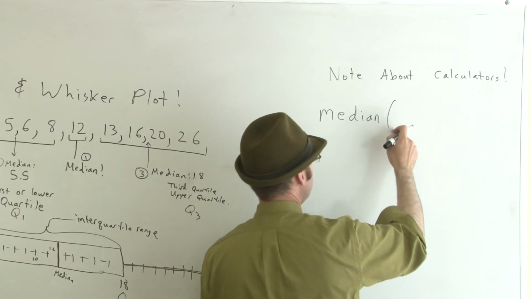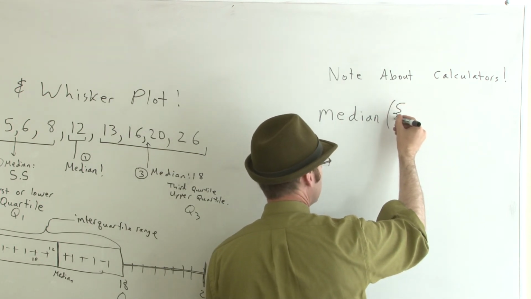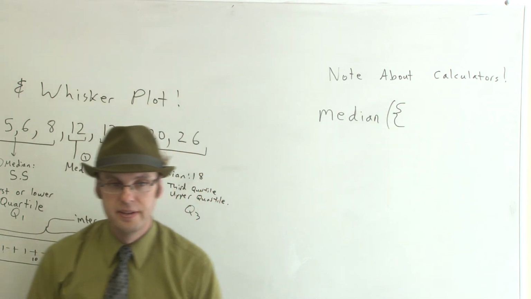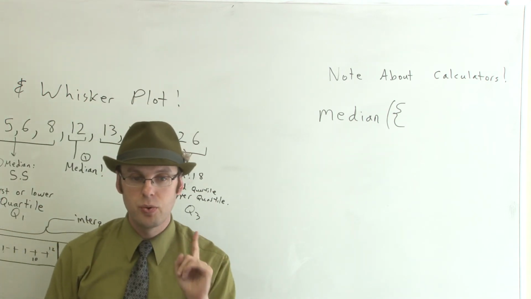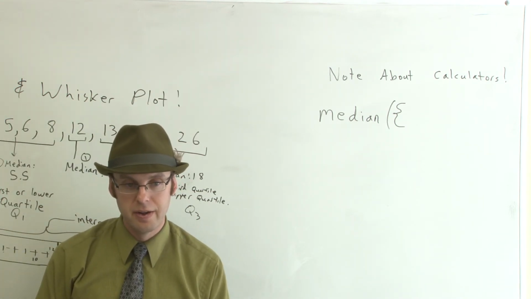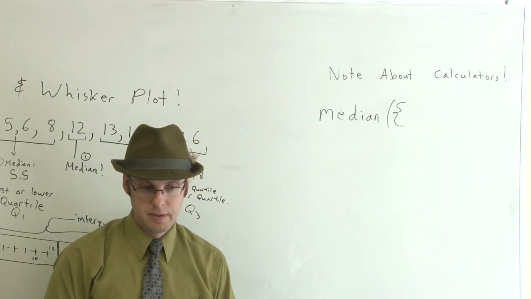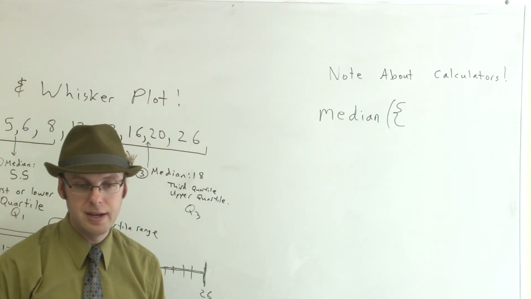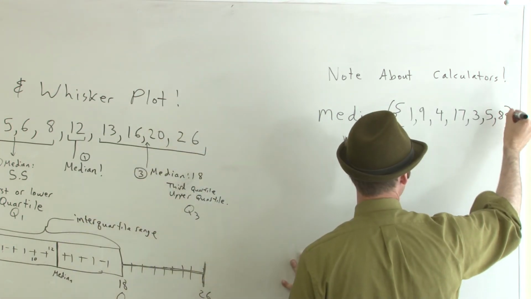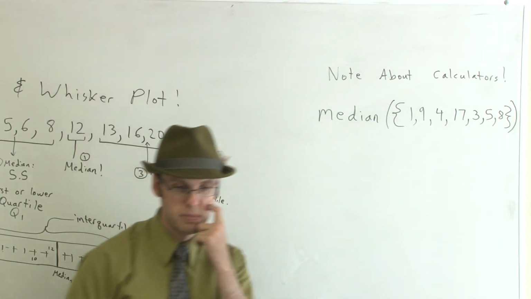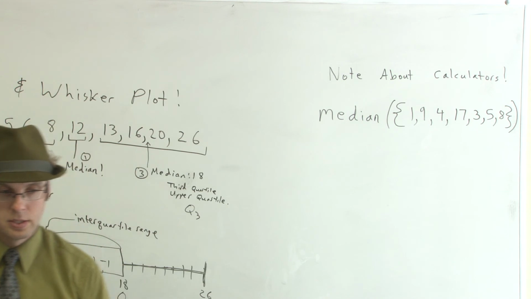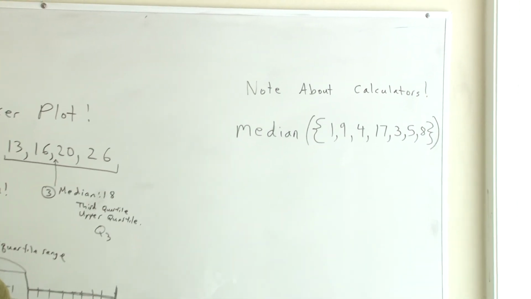And what you need to do is insert a curly bracket. Curly bracket is your way of telling the calculator that you are giving it a set of numbers. If you don't put a curly bracket, it will yell at you. Then you close your curly brackets and you close the parenthesis. So remember your curly brackets.